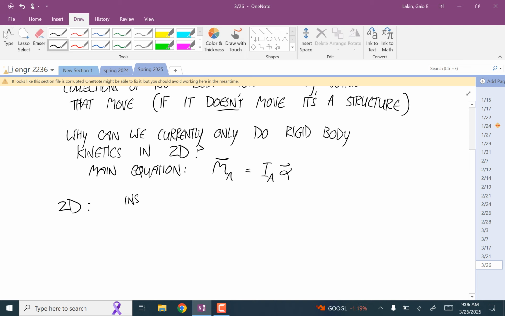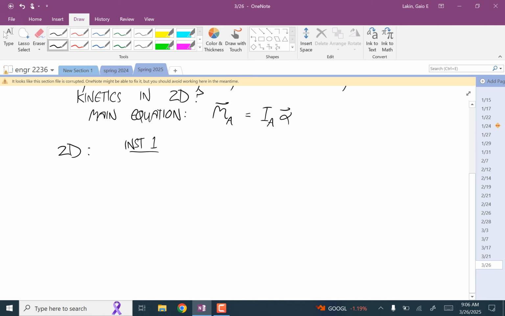At instant 1, let's say this object starts out like this. And then at instant 2, it ends up like this. It's just rotated 30 degrees or whatever.